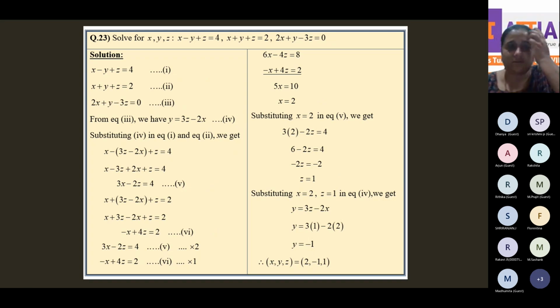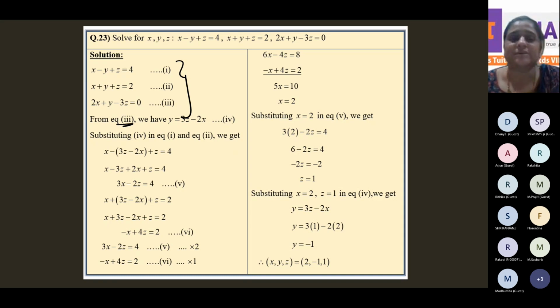I'll tell you this idea once again. We have 3 equations here. All the 3 equations have the 3 variables x, y, and z. That's the first thing. You can take any one of the 3 equations. I have taken the third equation. And you can write any one variable in terms of the others.